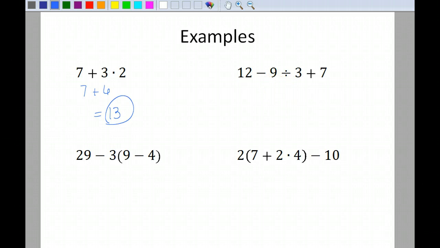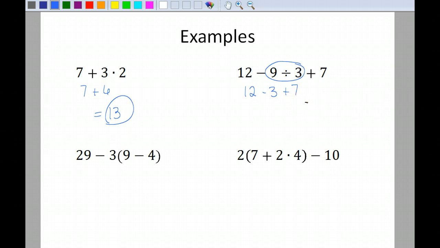Okay, now let's take a look at 12 minus 9 divided by 3 plus 7. Remember, you have to think about your order of operations. The first thing that you're going to take care of is 9 divided by 3. So we have 12 minus 3 plus 7. Now I'm going to do my order of operations.